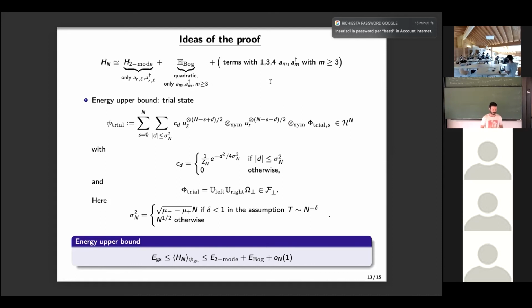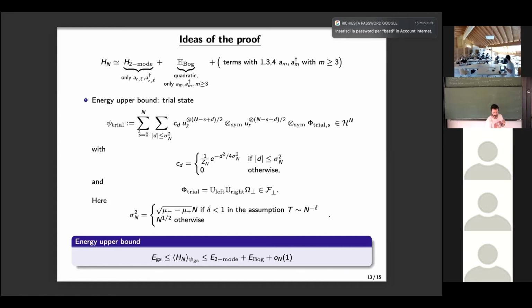To prove the energy upper bound, one has to write down a good trial state and then consider the expectation. Here there is a mistake. It's going to be C trial. Let's look at the trial state. We have two indexes, S and D. You have to think that S is the index for how many particles are excited in every element of the sum.